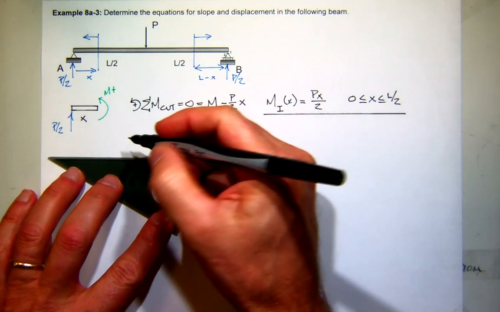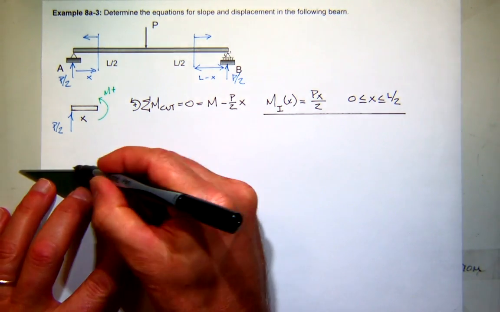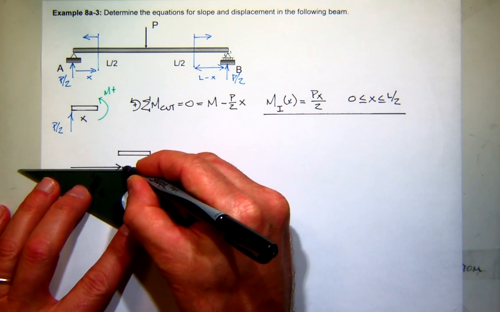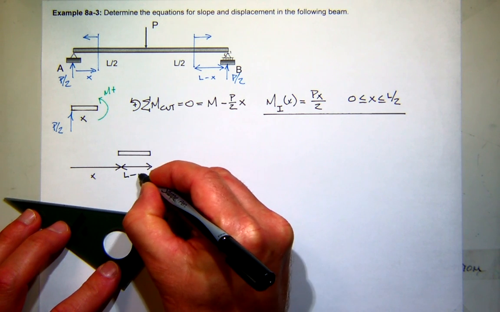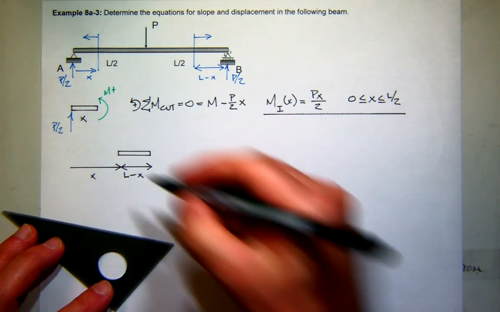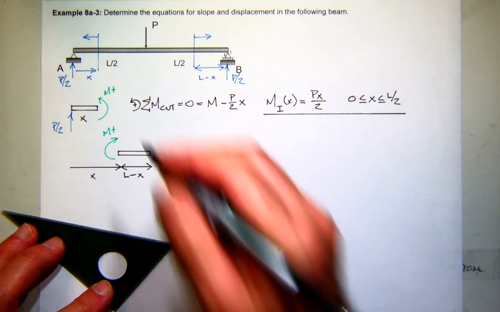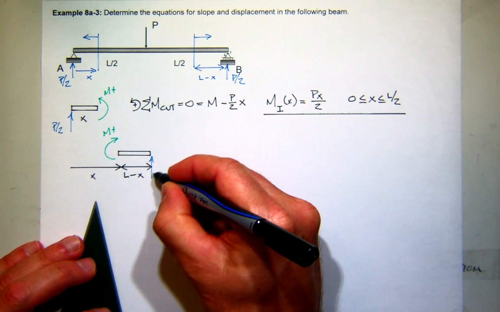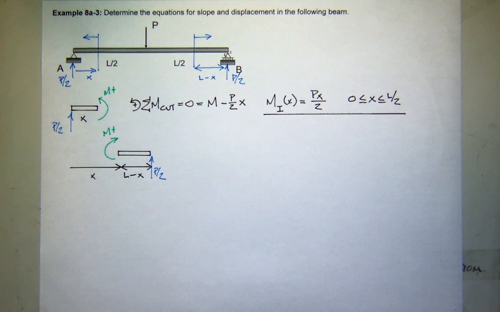So if I draw that free body diagram, at this distance x, the length of the beam would be L minus x. This is the positive bending moment at the cut. And I forgot my reaction, which is P over 2. Is that pretty much it? I think that's all that's there.